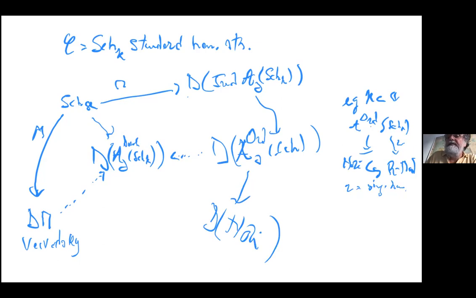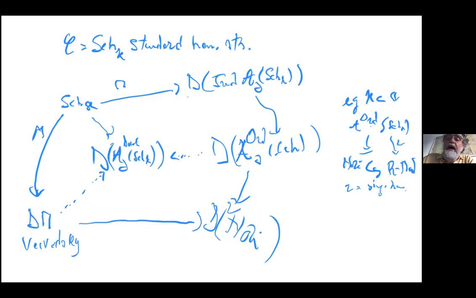I mean, this is maybe too big. So this quotient has very good properties, and one expects this to be fully faithful, but this is a very big conjecture because it implies the standard conjecture.